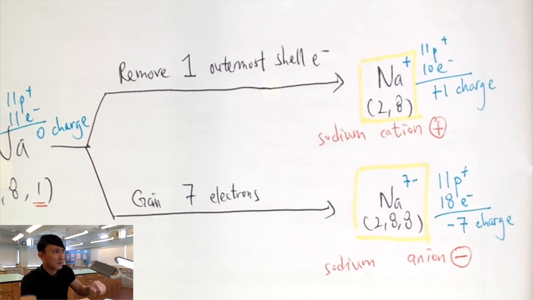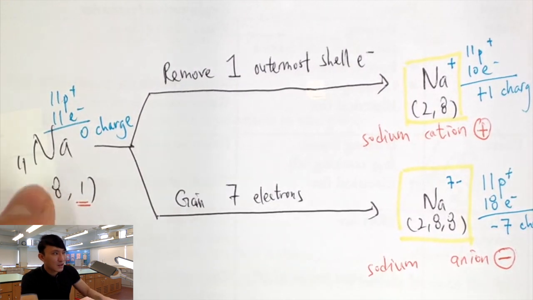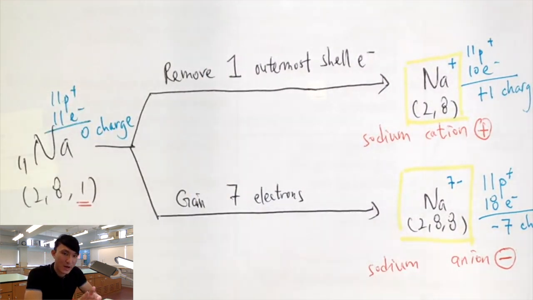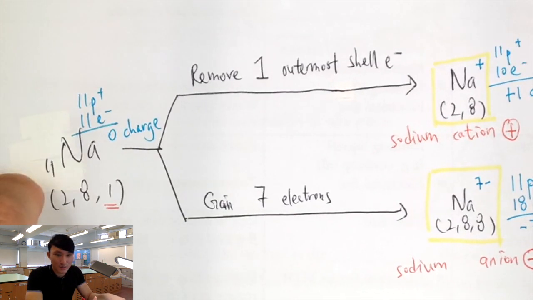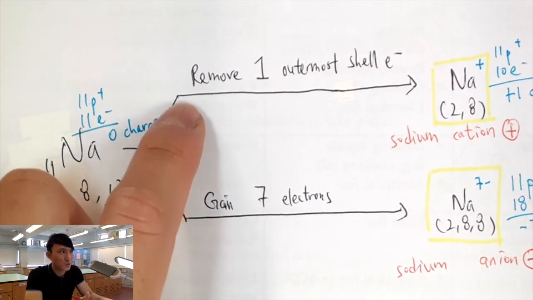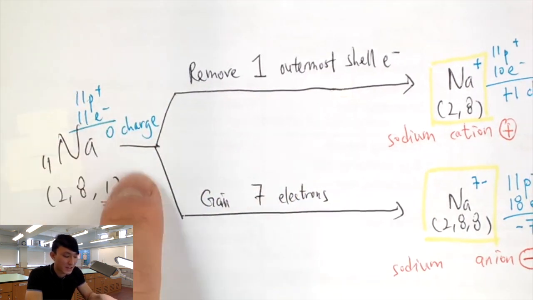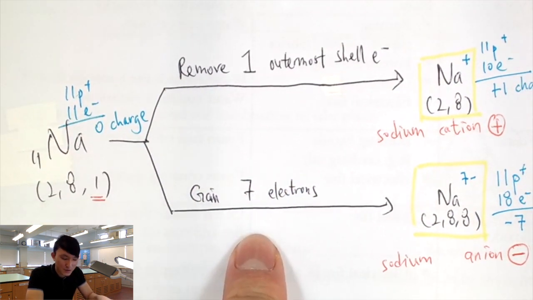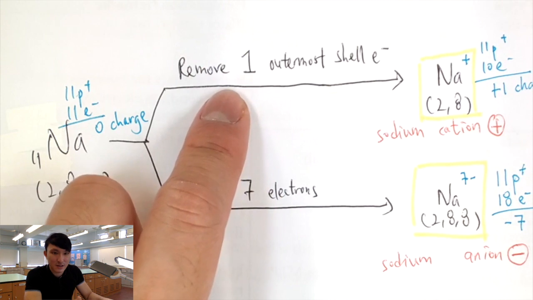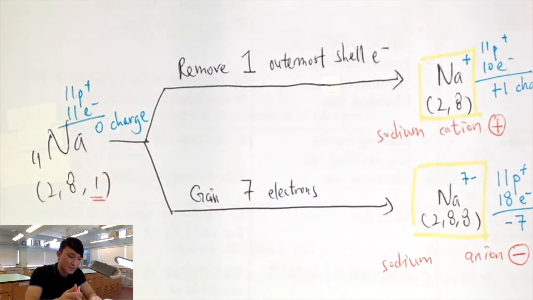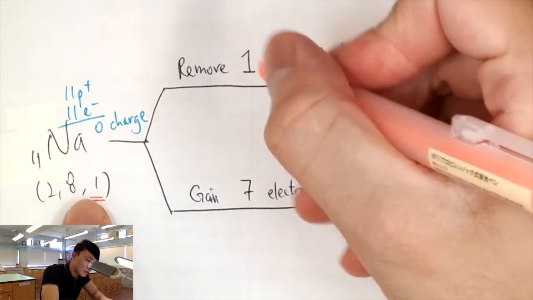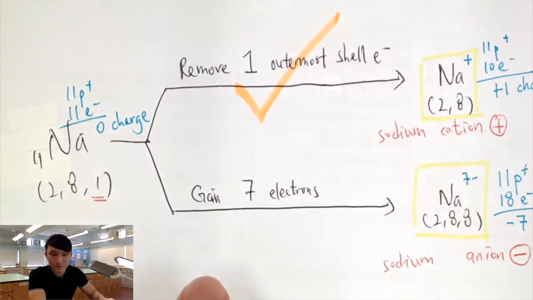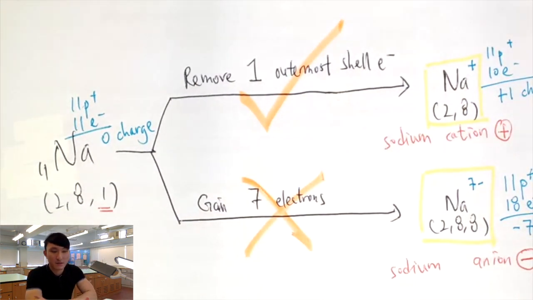However, think about it. There are two possible ways, but which way is a better choice? If you are a sodium atom, will you prefer removing just 1 electron, or do you prefer gaining 7 electrons? Of course, the first method is easier. So in fact, in reality, sodium will only go for this method, and it will never go for this method.